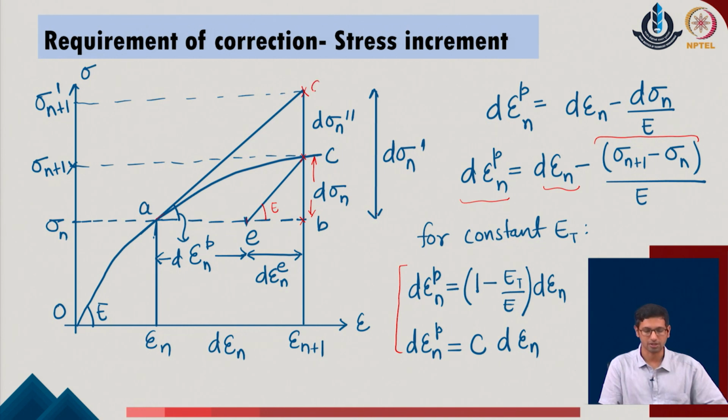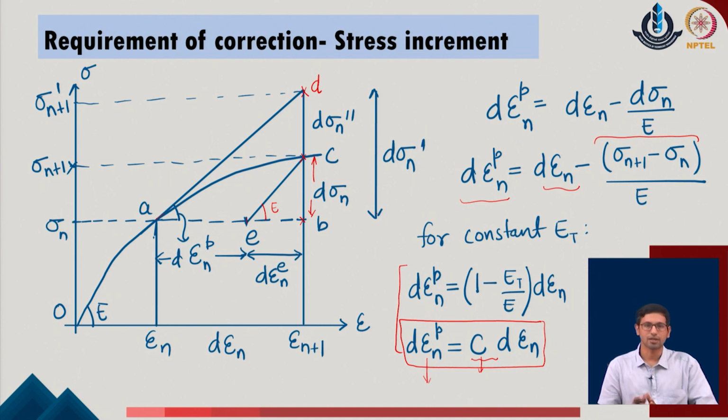So, if I define this point as a D point in the given system, and the points C and D coincide with each other, the relationship being written over here can finally reduce to an expression like this, where the plastic strain increment in the system is equal to C times the overall strain increment in the given system, and this parameter C is defined as 1 minus Et upon E in the given problem.